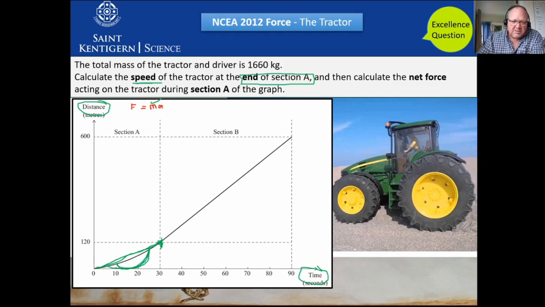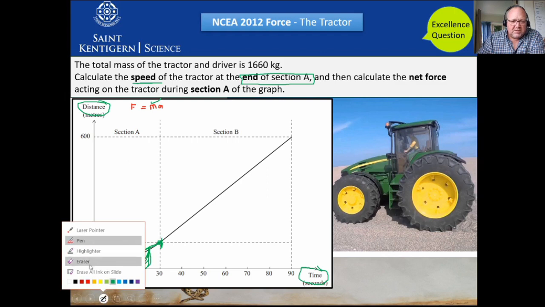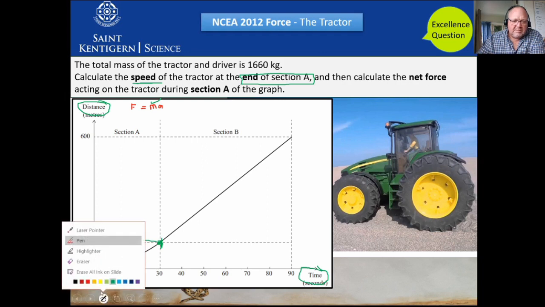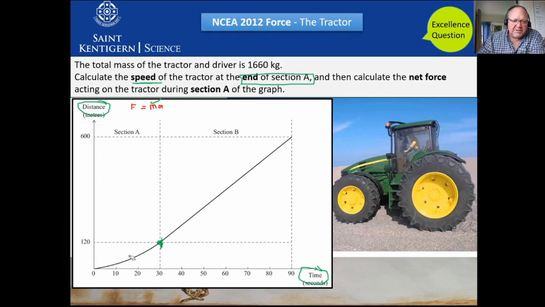Can you see? Because it's got that curve there. If the curve was in the other direction, we know that it would have been deceleration. But in this case it's acceleration. But they're not asking us for the average speed. They're asking us for the speed at the end of section A, which is nasty, as I said.